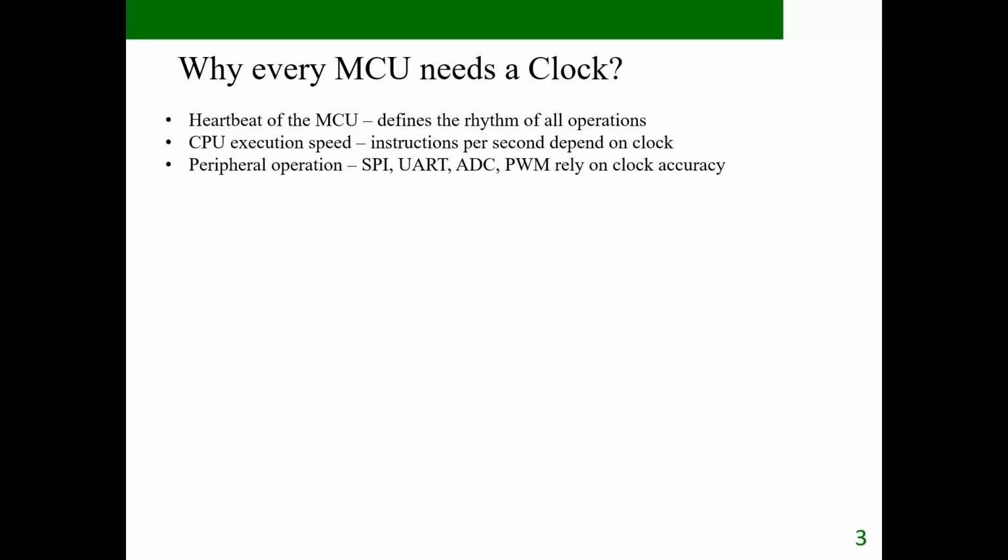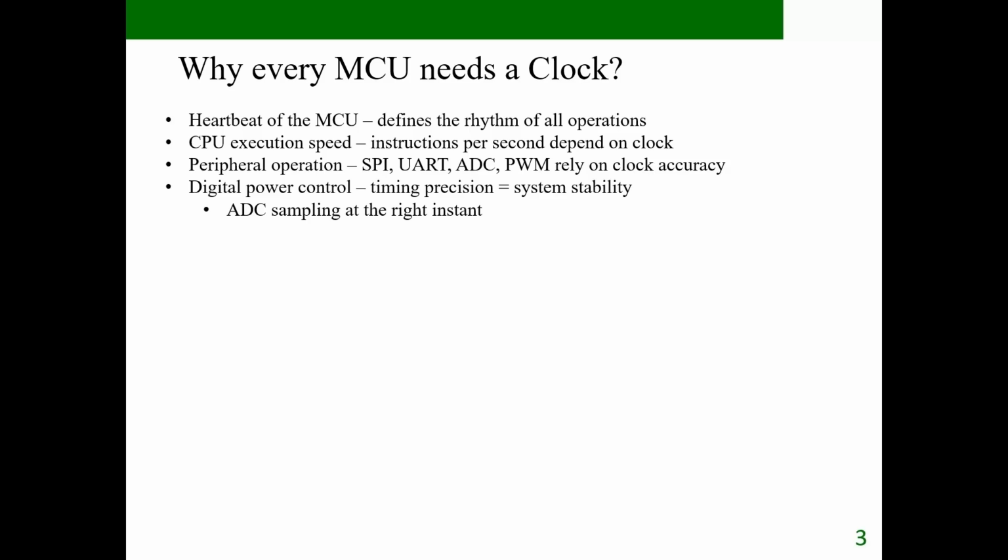Now, why is this especially important in digital power control? Because timing accuracy directly impacts system stability and performance. Let me give you a few examples. The ADC must sample at the right moment within the PWM cycle to capture accurate voltage or current feedback.